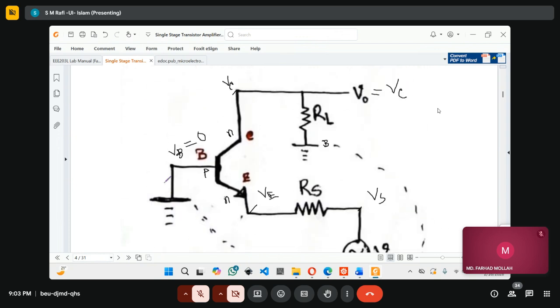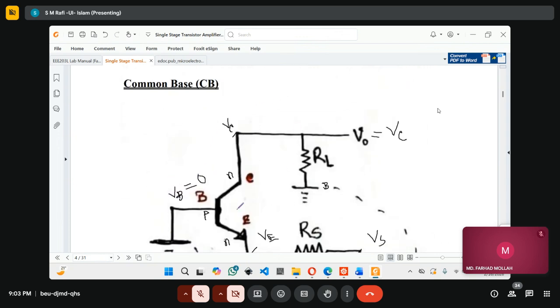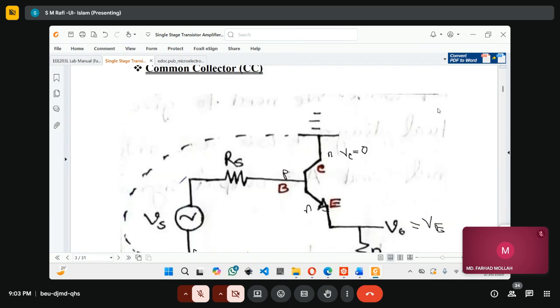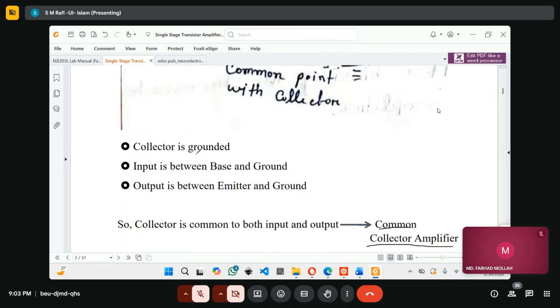Now, do you think this circuit will work? The answer is no, because we didn't apply any DC biasing, meaning we didn't put any external supply to the transistor. It cannot work by itself. We need to apply some biasing or voltage.